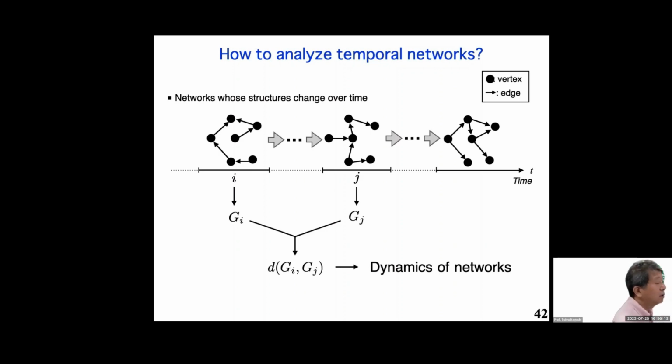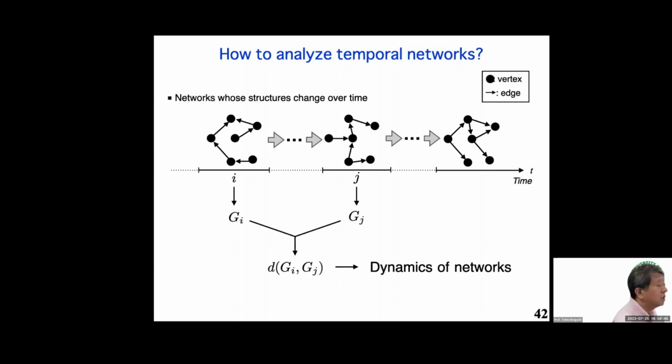We will discuss how to evaluate the dynamics of temporal networks by measuring the distance between network G_i and network G_j. If we can measure the distance between network G_i and G_j, it represents the dynamics of the network.